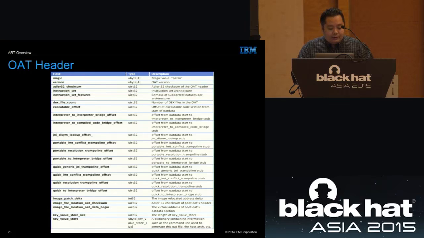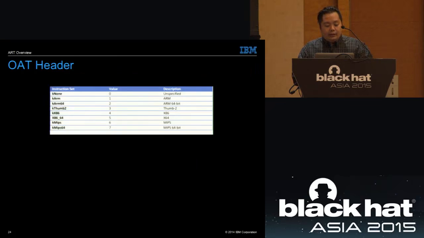Then there's also an instruction set field which indicates what the target architecture was upon compilation. Currently there are 6 architectures supported: ARM, ARM64, Thumb2, x86, x64, MIPS, and 64-bit MIPS.